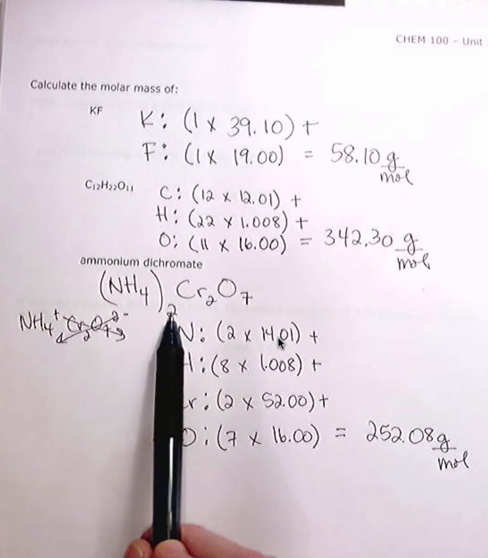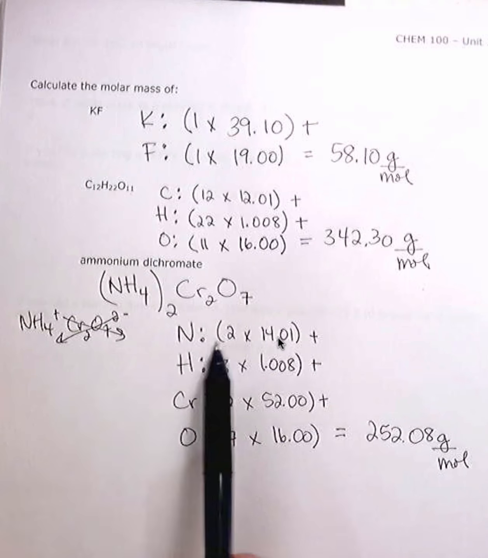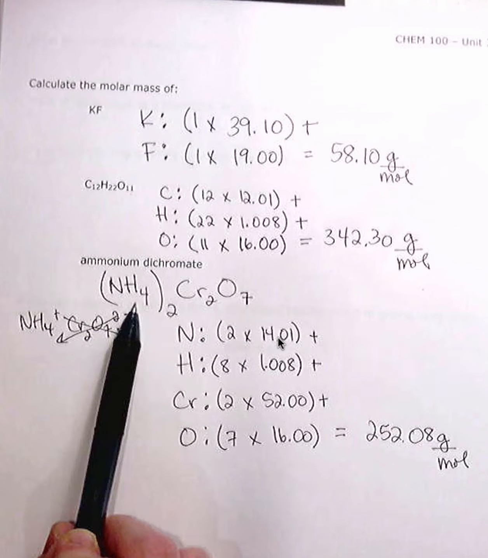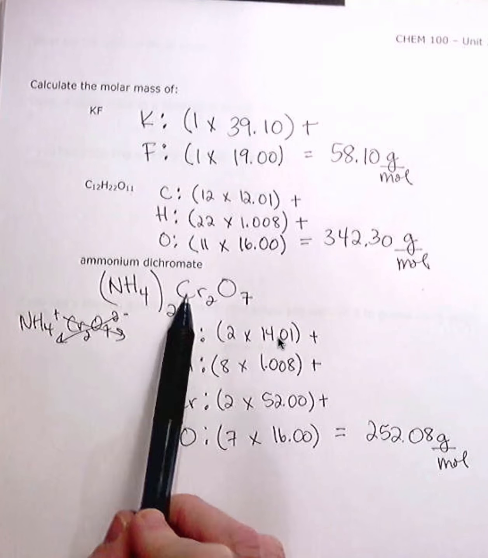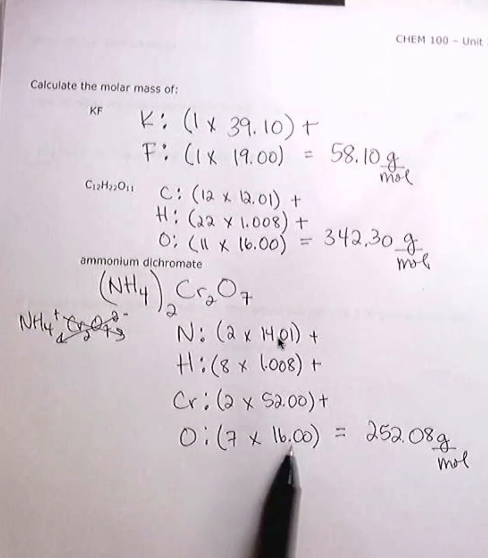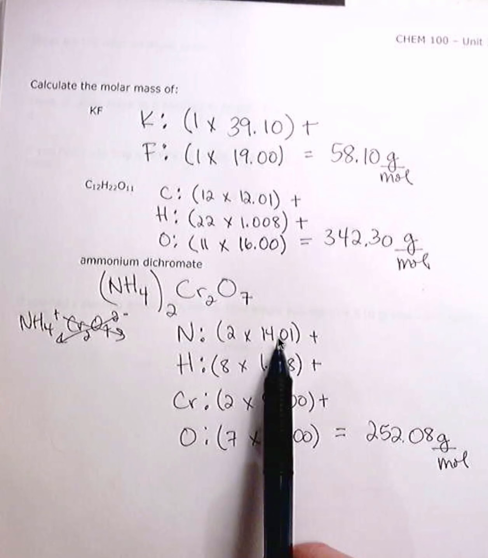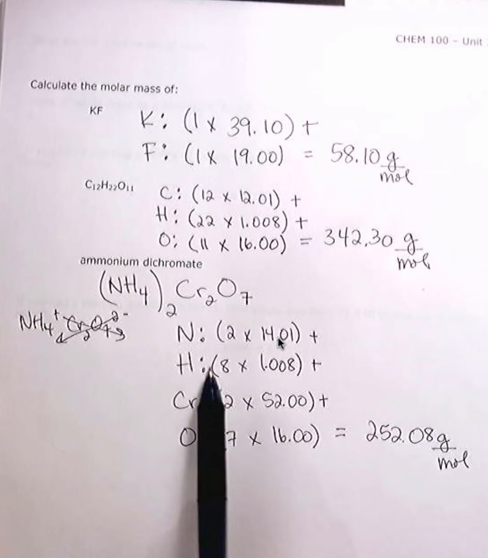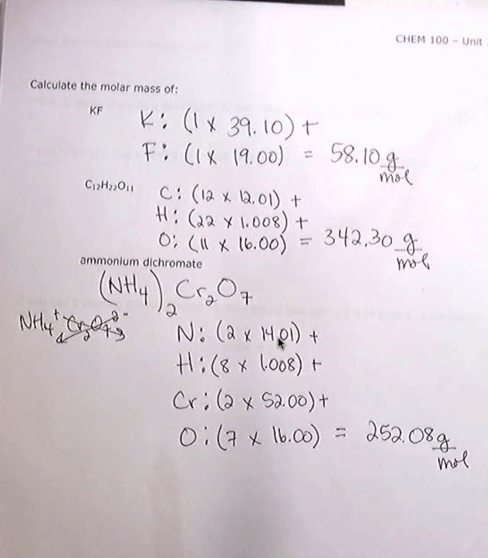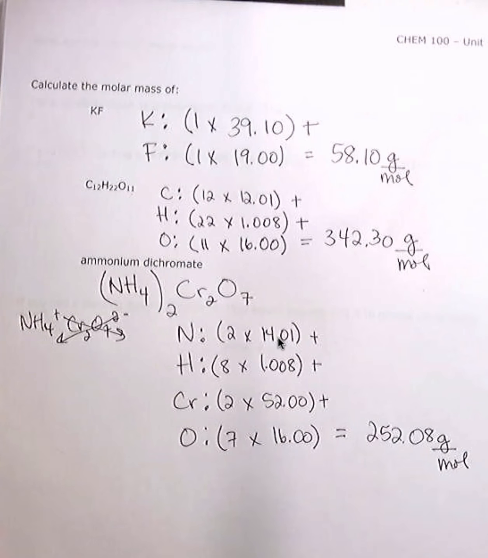So I have 2 times 1, 2 nitrogen atoms. 2 times 4, 8 hydrogen atoms. And then I have 2 chromium atoms and then 7 oxygen atoms. I look up the atomic weights for all of these, multiply them by the appropriate multipliers, and I end up with 252.08 grams per mole.